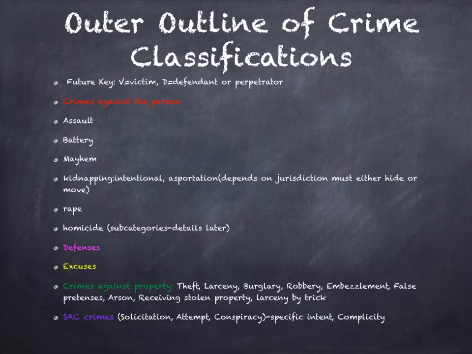Crimes against property: theft, larceny, burglary, robbery, embezzlement, false pretenses, arson, receiving stolen property, larceny by trick, and the list goes on. This is just a shell. And then there's SAC crimes: solicitation, attempt, conspiracy. And those are specific intent. Remember also that crimes are categorized by specific intent and general intent, and that the laws vary on how you apply it depending on the category it falls into.